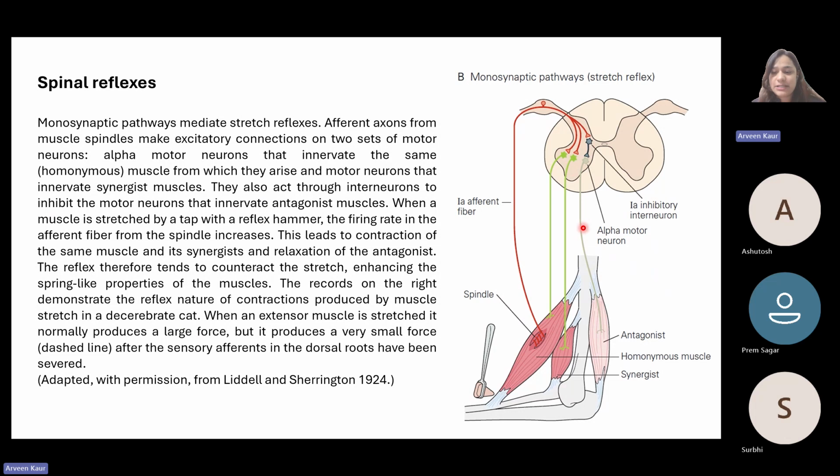So synergistic muscle is this one, right? This is the homonymous muscle, and this is the synergistic muscle, the muscle next to it, which is also going to help in the contraction. They also act through interneurons to inhibit the motor neurons that innervate the antagonist muscle. This is the antagonist muscle over here.